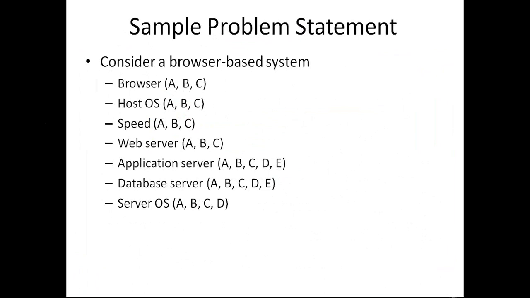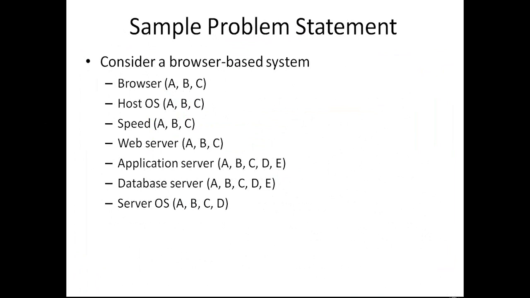We need to test for different speeds, the bandwidth availability, for example, 56 kbps, 256 kbps, maybe a 1 mbps line. The web server that we have has 3 different configurations that we want to test, JBoss or similar web servers. Application servers may be different, where we have 5 different types of application servers.